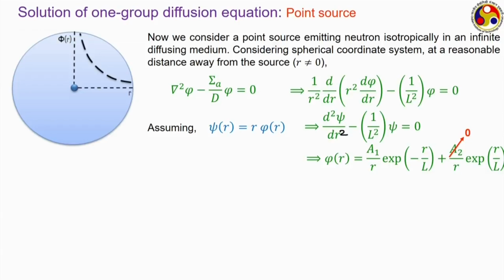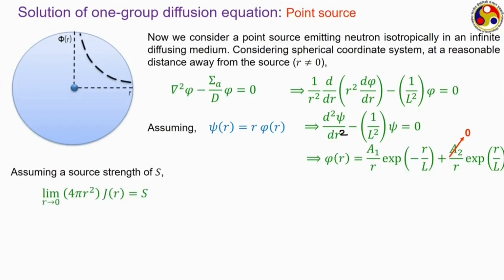We have to consider that the neutron current density at the center, that is at r equal to 0, multiplied by the area should be equal to the strength of the source. If the source strength is S, it is not S double prime, it is just strength, that is, that point source is emitting S number of neutrons per unit time.